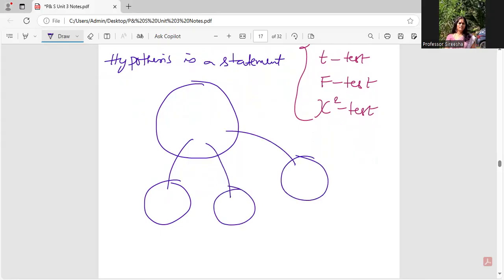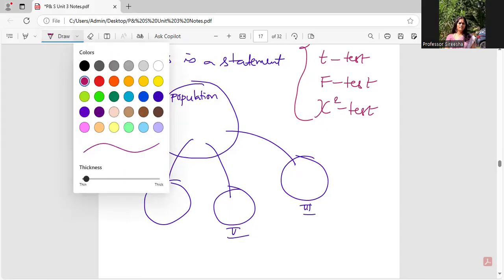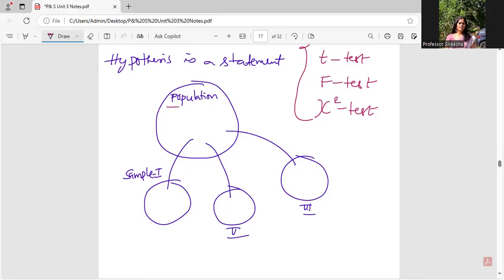This is the population. I'll be picking up samples, sample 1, 2, 3 kind. Now, for the population, I'll be having the mean, variance, and standard deviation.